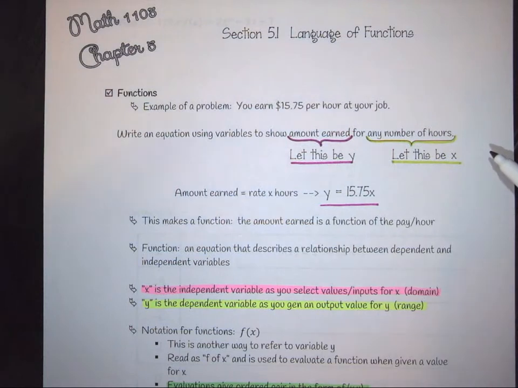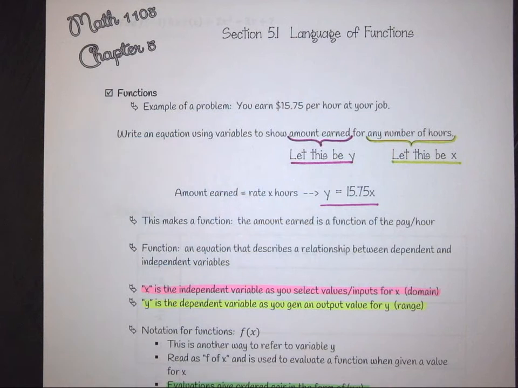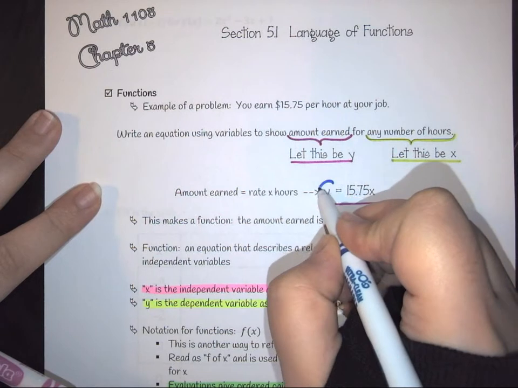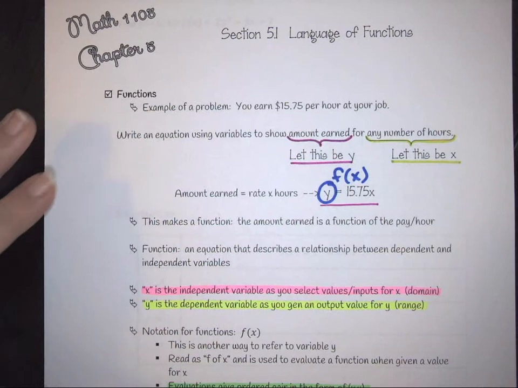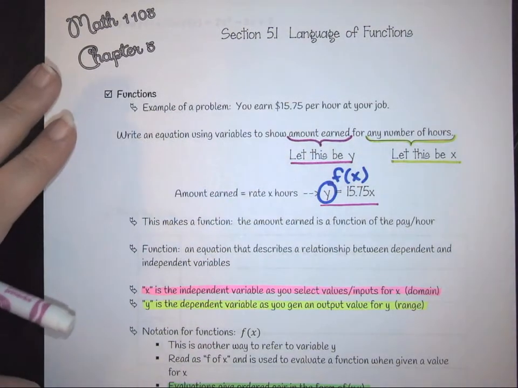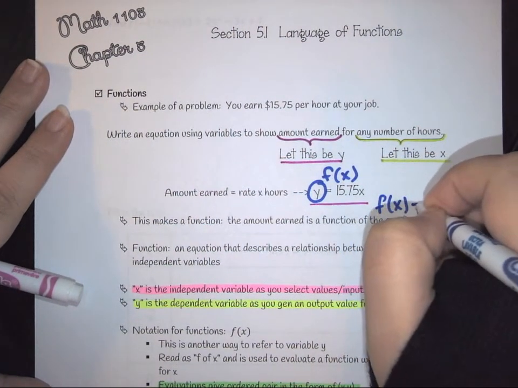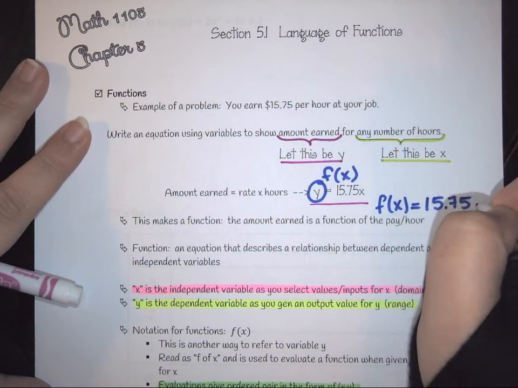Functions simply replace the y value with f of x. And what that says is that we are going to take some value of x and input it through your system. So right here, this y value would become f of x. And therefore, my entire equation would change so that I would now have f of x is equal to 15.75x.